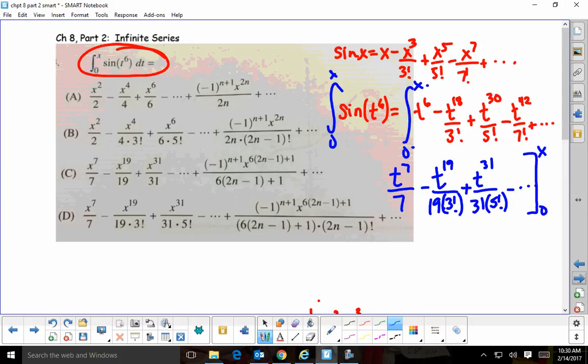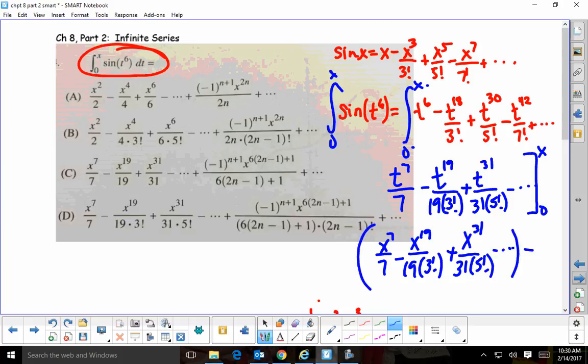As I do that, when I plug in my x, that's not too bad. So there's that x minus, when I plug in my 0, what happens? It's just 0. So I just get this guy out, basically. So what's my answer?